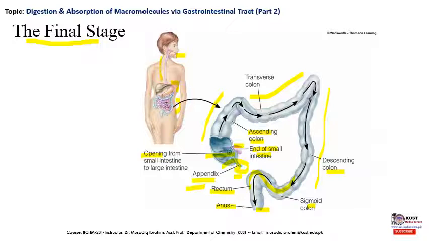So if you look at it, the structure of the large intestine is pretty simple. It has an ascending region, then a transverse region, and then a descending region, then the sigmoidal region.